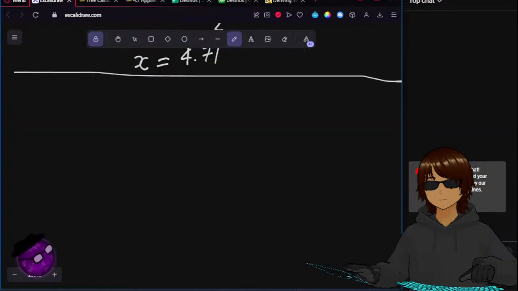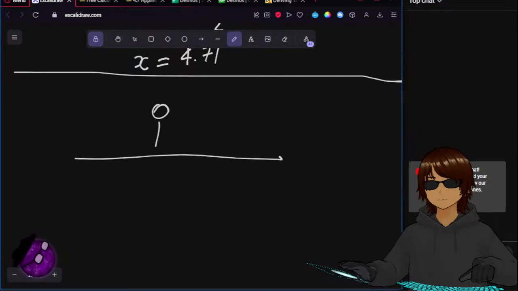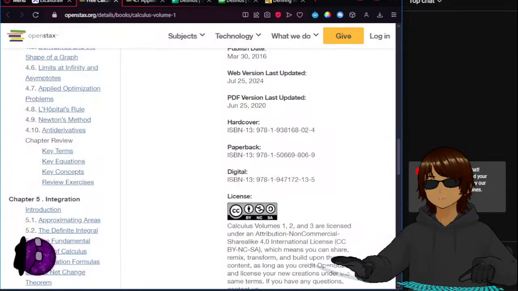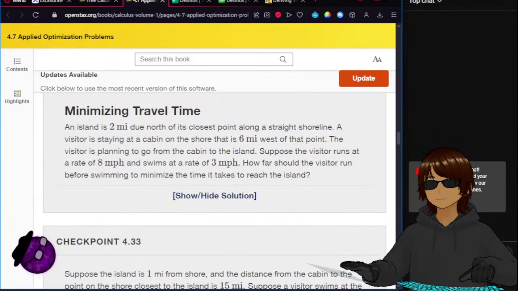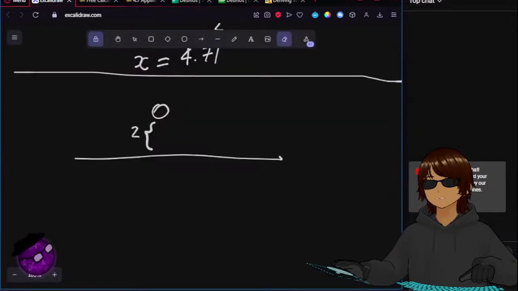An island, shoreline, 2 miles. A visitor is staying at a cabin on the shore that is 6 miles west of that point. I think the shoreline is like this.